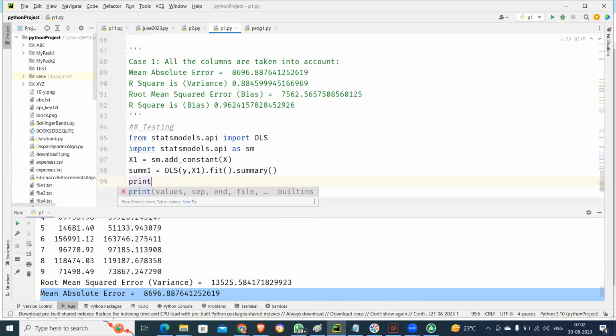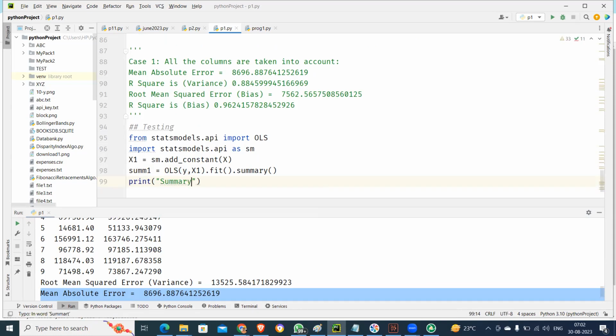Now let's print the summary. I'll call this summary of all x, then hyphen, and then summary 1. Now see what happens.